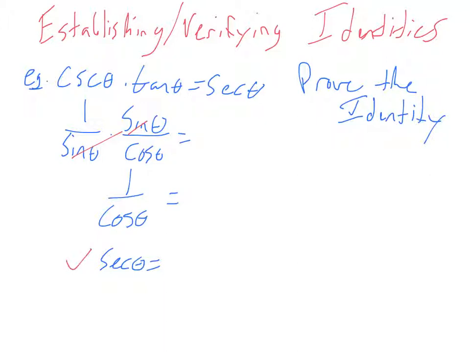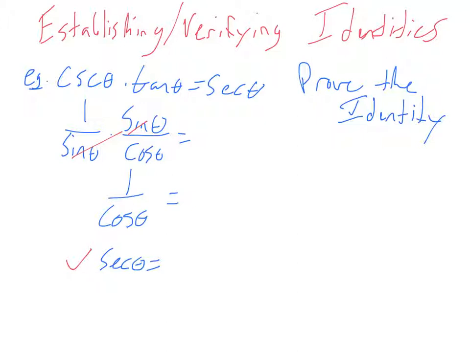Identity proven by showing that the left side can be turned into the right side. Just work the side that seems easier for you. Don't get too concerned about which side. Just pick the side that you can see the best and that works out the easiest.